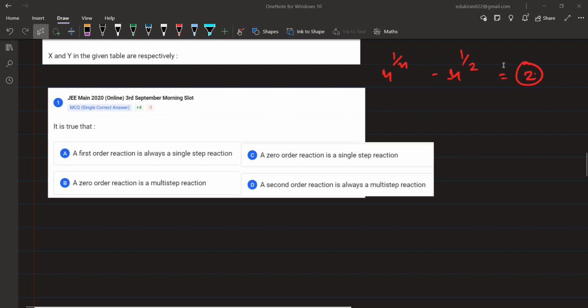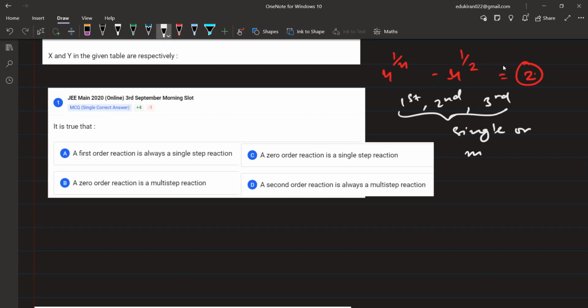Okay, please look here. We have first order, zero order, and second order. You have to tell about these things. See, first order, second order, third order, all of these things can be done either in single step or in multi-step.